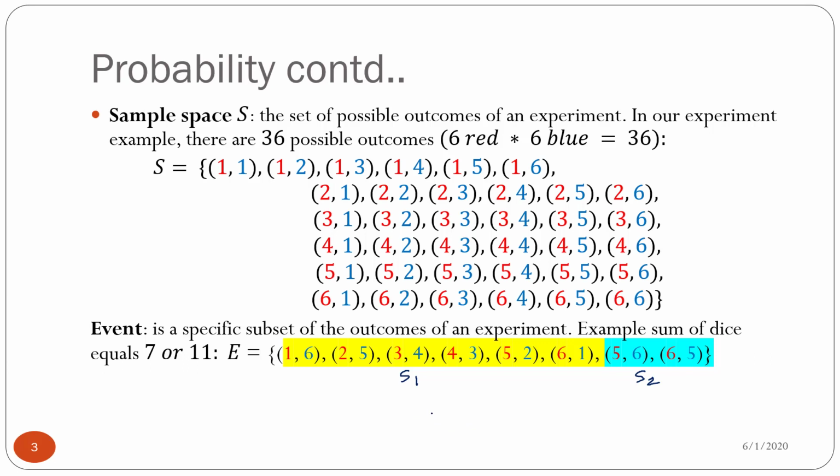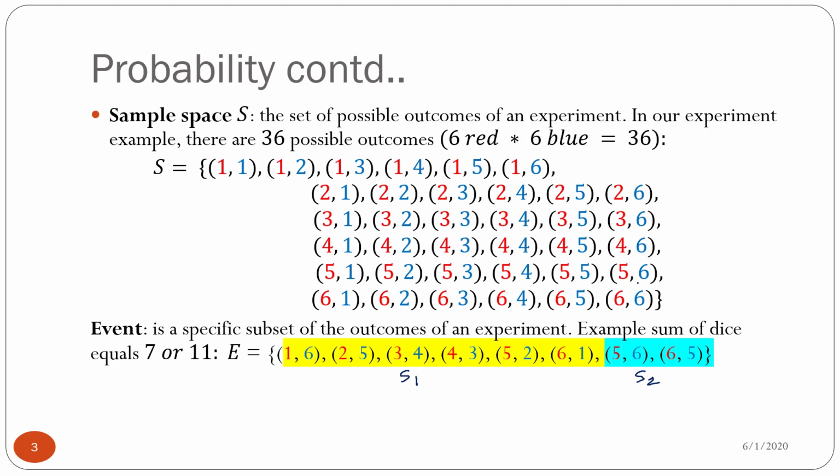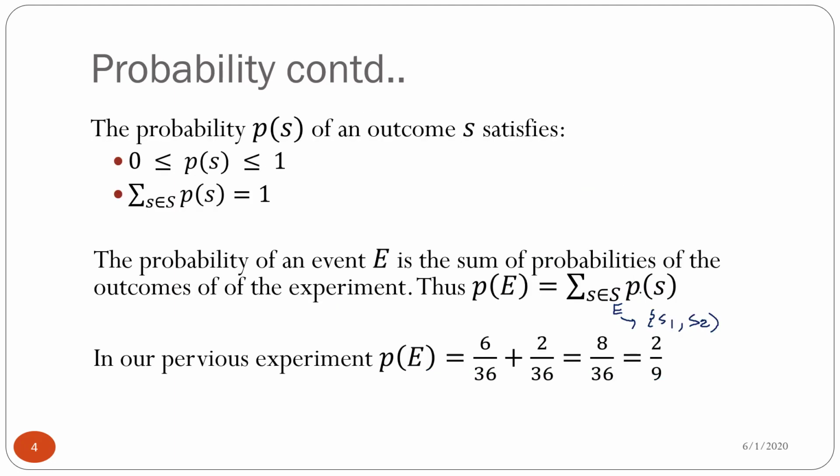As I said, here it should be an E: S belongs to E, and in E, the example that we have is S1 and S2. So the probability that we are computing here should be the sum of the probability of outcome S1 and the probability of S2.